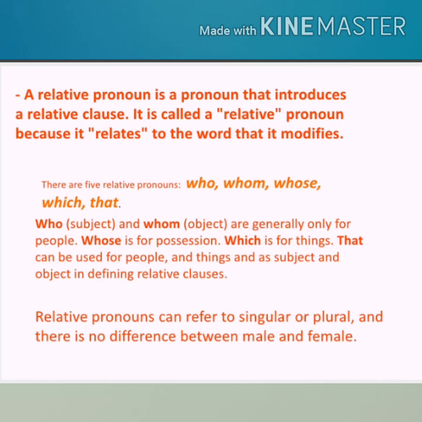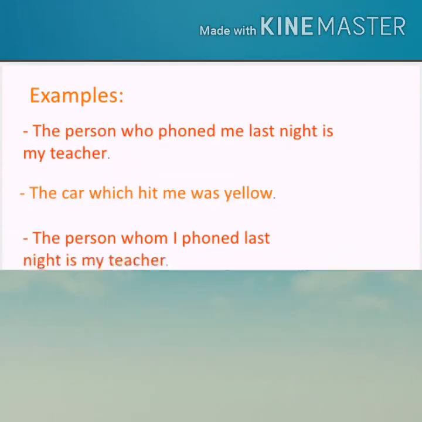So, who and whom are generally only for people. Whose is for possession, which is for things, and that can be used for people and things, and as subject and object in defining relative clauses. Relative pronouns can refer to singular or plural, and there is no difference between male and female.